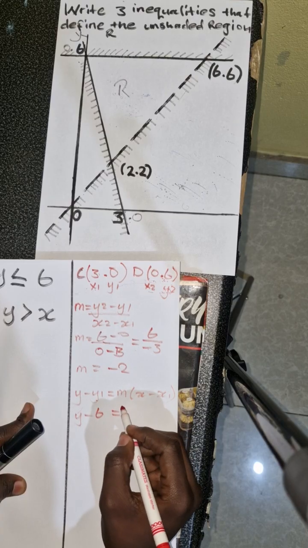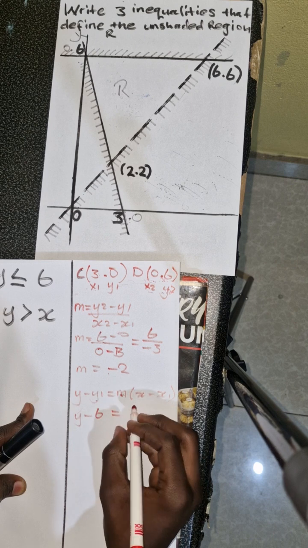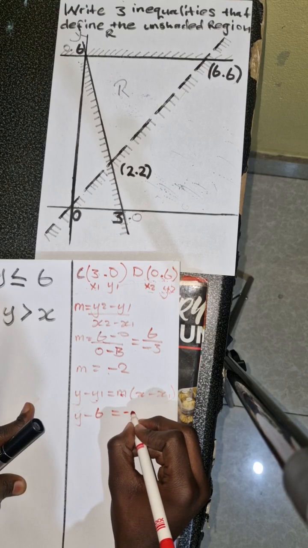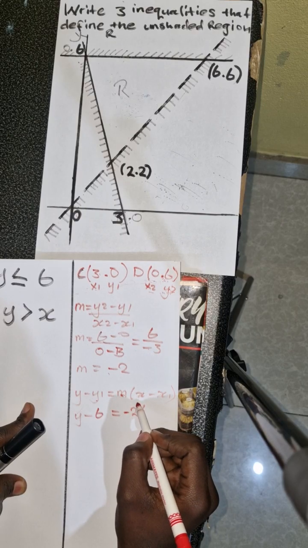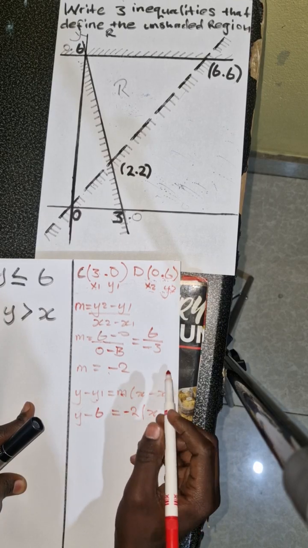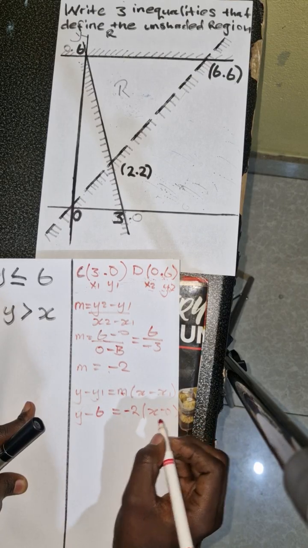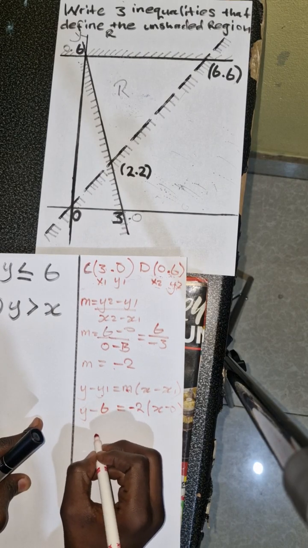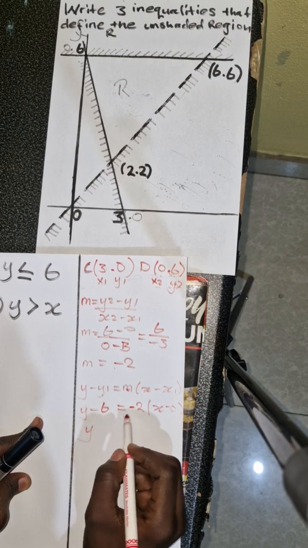It is equal to my gradient we found. My gradient here was -2. So we're going to put the -2 here, open bracket. What is my x1? My x here is 0.